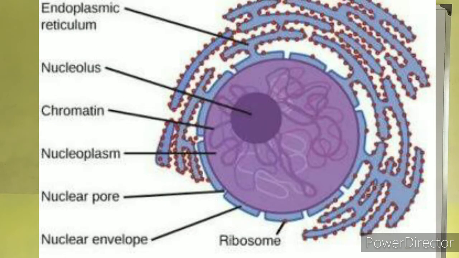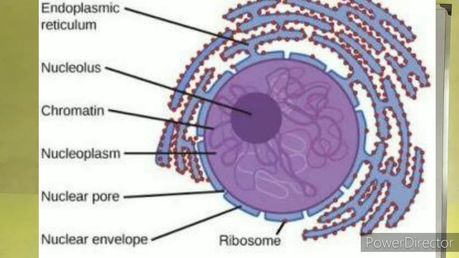Next, students, this is the diagram of a nucleus. As you have seen the diagram of nucleus in the general or common structure of the cell, this is the diagram showing the nucleus of a cell with its different parts.